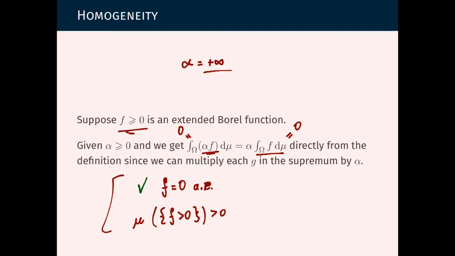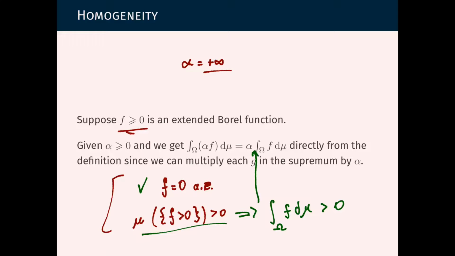And now we have the case when the measure of the points where f is positive is positive. In that case, we have already seen an exercise in the first video lecture of this series about integrals, saying that this implies the integral over omega of f dμ is not 0. And when we multiply it by infinity, we get infinity here. And likewise, whenever we multiply a positive number by infinity, we get infinity.